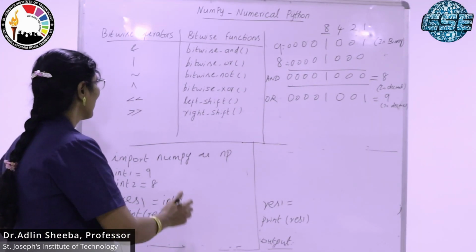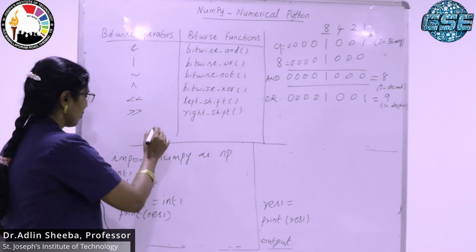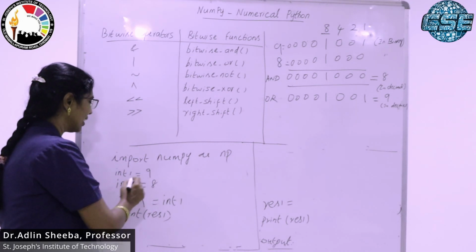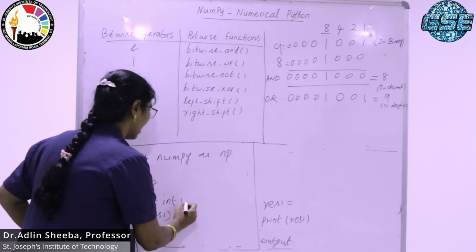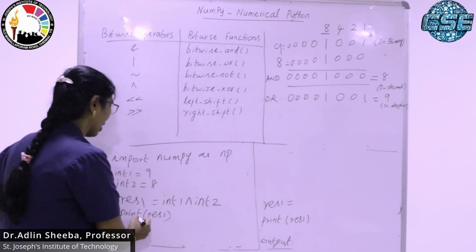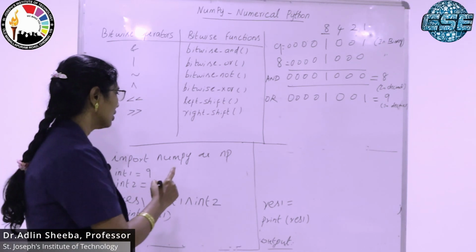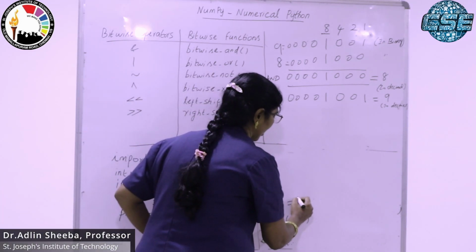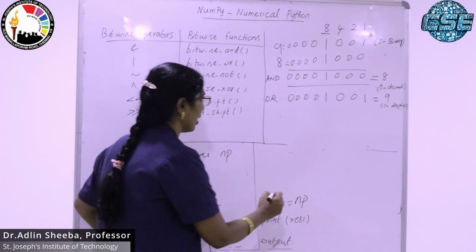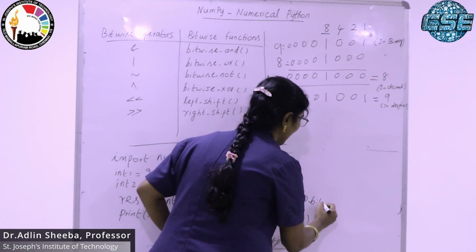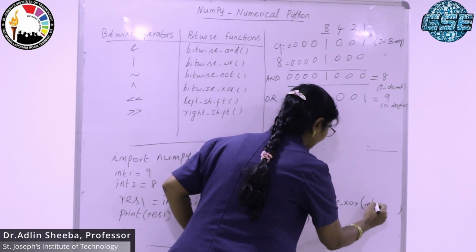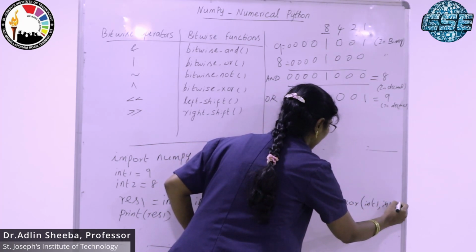Now we are going to see bitwise XOR. We are going to consider the same example, integer 1 equal to 9 and integer 2 equal to 8. For XOR, the symbol is this one, so int1 XOR int2, and I am trying to print the result. The corresponding ufunc in NumPy is np.bitwise_xor of int1 comma int2.